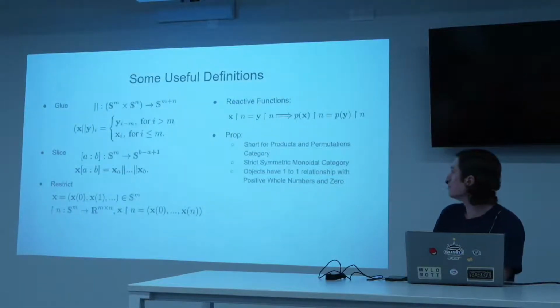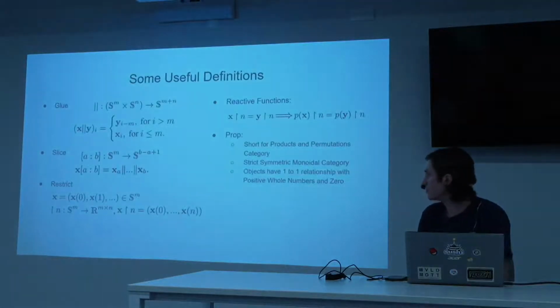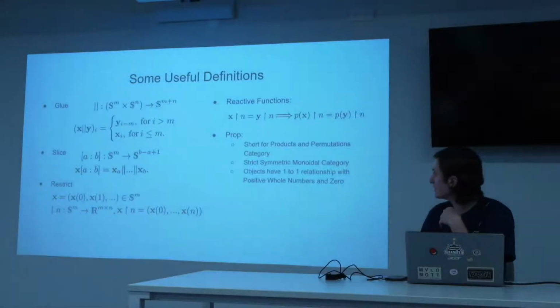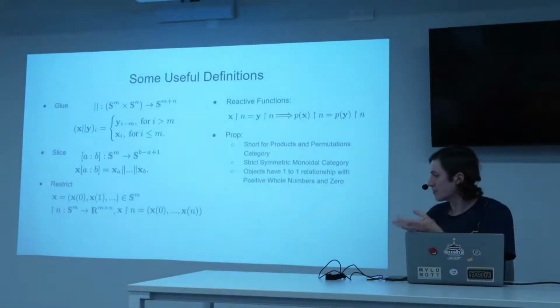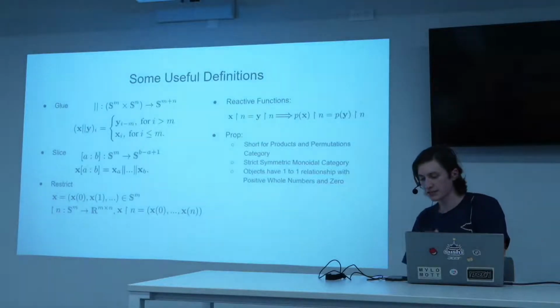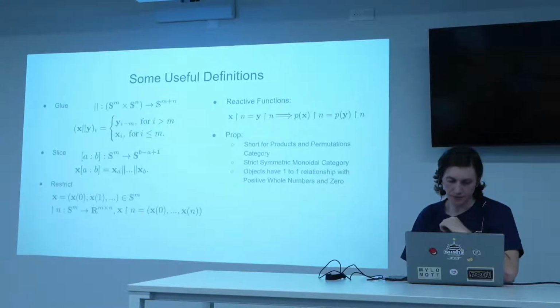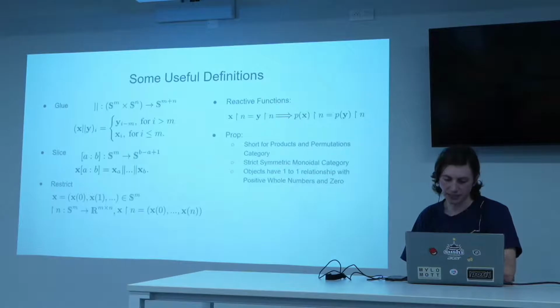With reactive functions, as I'm sure you already know, a function is a map between objects that has a defined output for every input, and that output is unique for each input. And then lastly, a definition of product and permutation category. I've been switching around between monoidal category and product and permutation category.